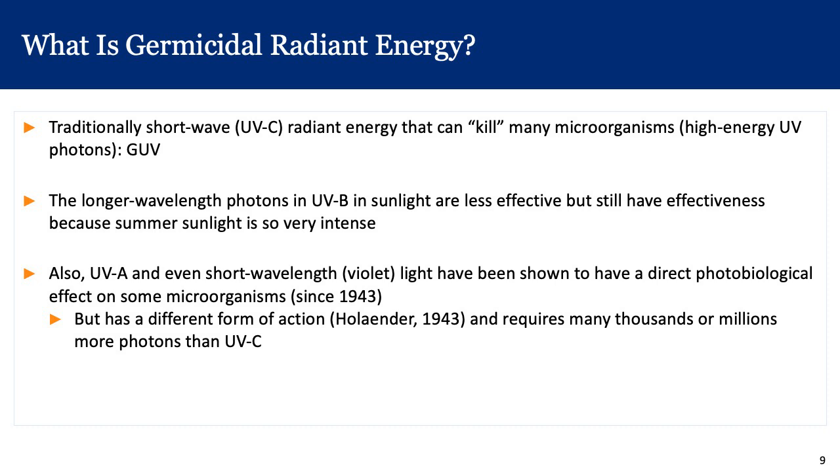The longer wavelength photons in ultraviolet B, between about 295 and 315 nanometers, that are in sunlight, are less effective for germicidal effects, but are the primary actinic rays that are present in summer sunlight. And most of our occupational safety concerns really should focus on the UVB in sunlight, but we'll get to that later.